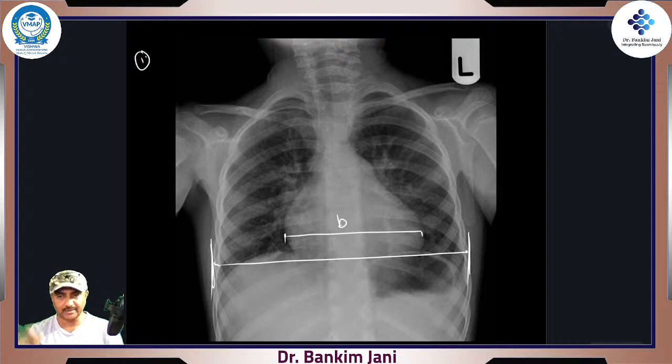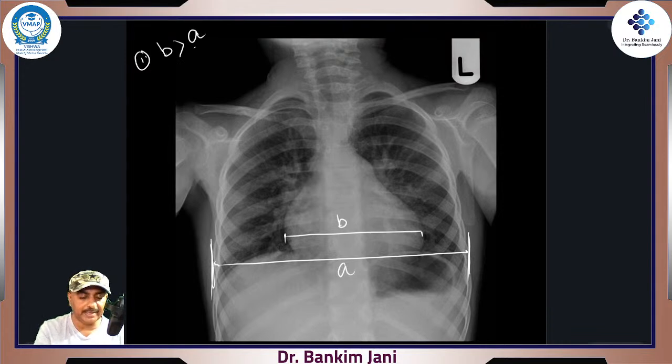Let's say this is A. If the heart has enlarged more than 50% of the chest width, in other words, when B is more than half of A, that means it is cardiomegaly. The heart is enlarged.